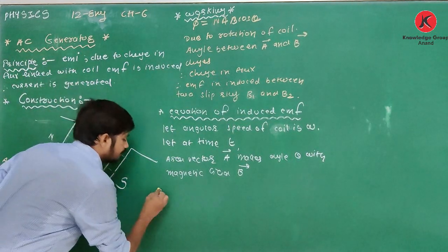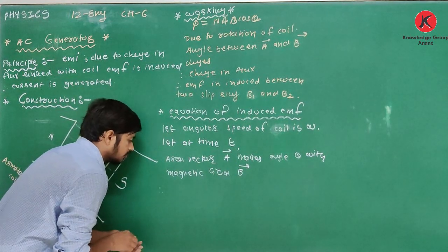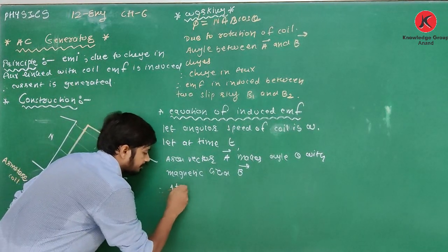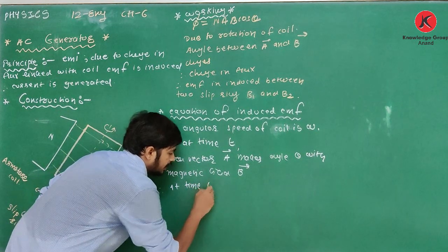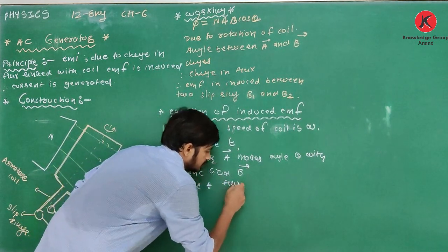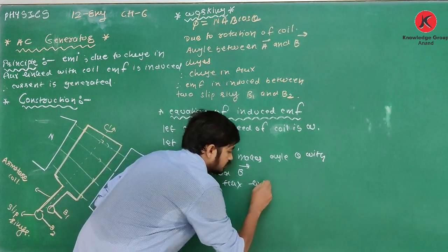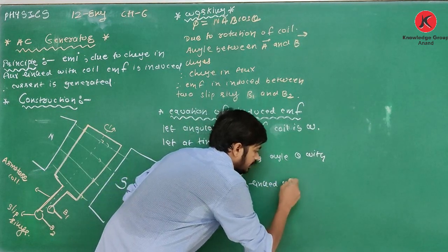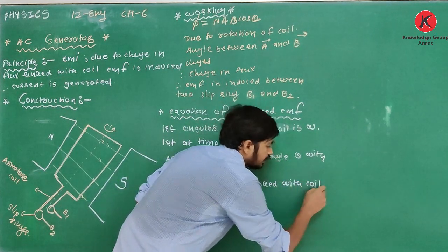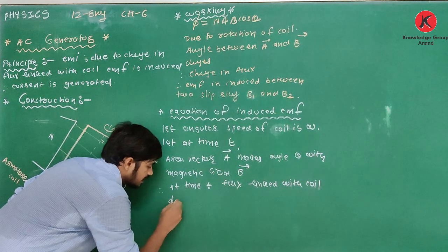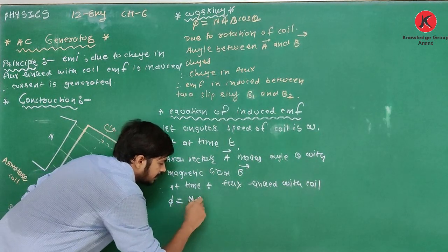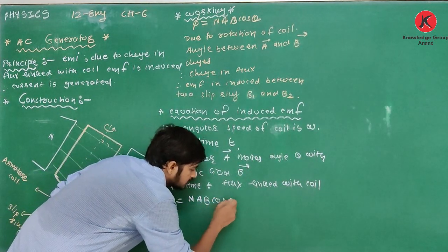So at time t, what is the flux linked with the coil? Phi is equal to, we know the equation, NAB cos theta.